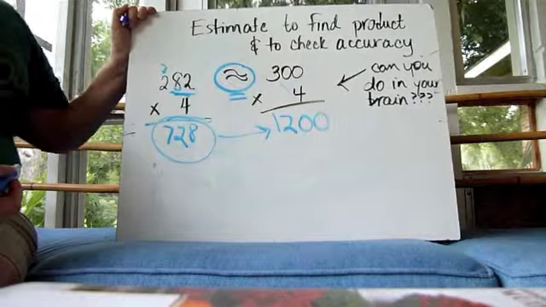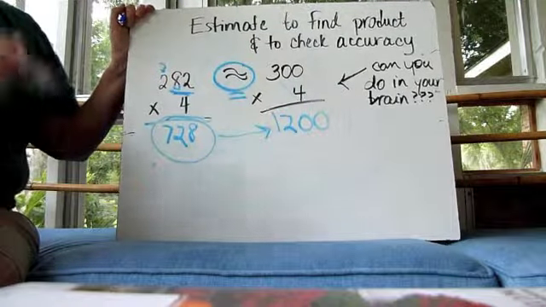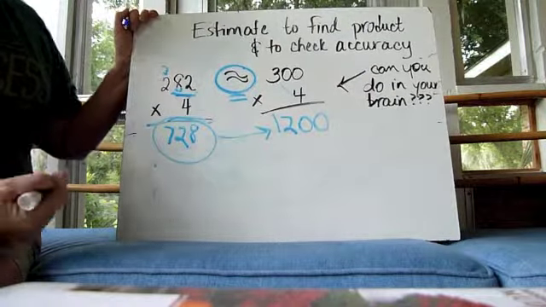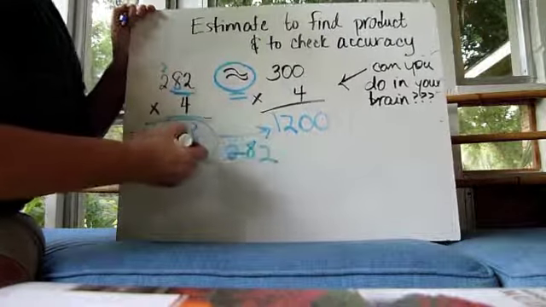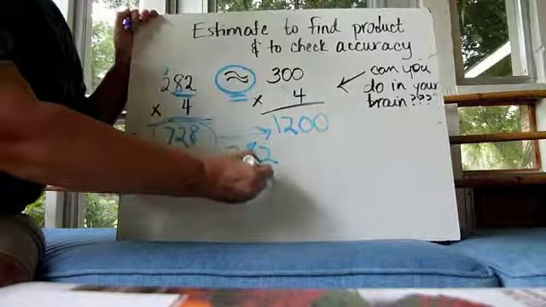That seems a little small to me. I'm thinking in my brain, maybe I did something wrong. So I'm going to do that problem again because it doesn't seem quite close enough.